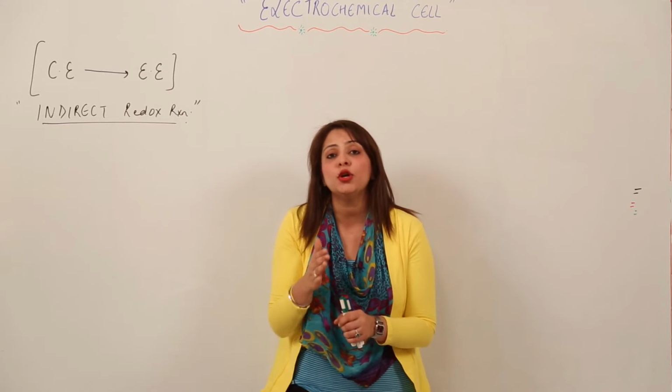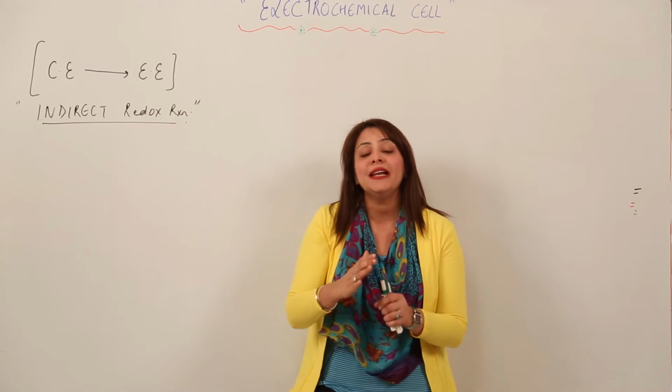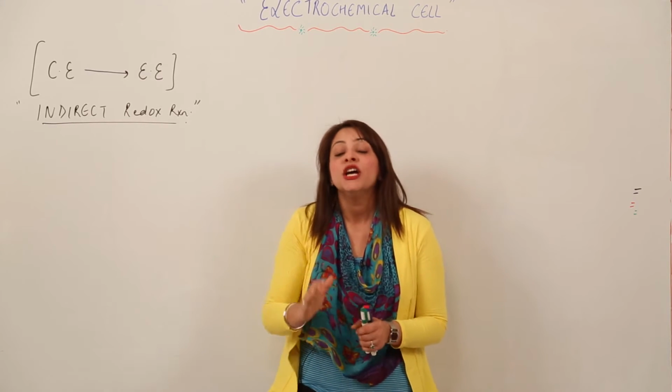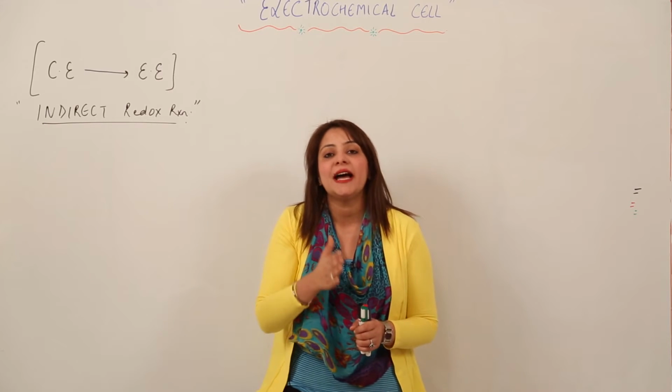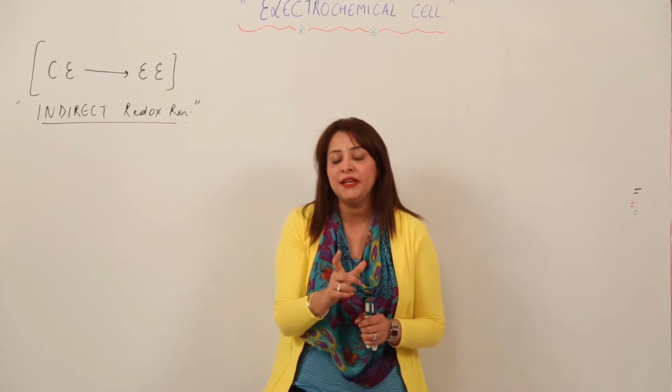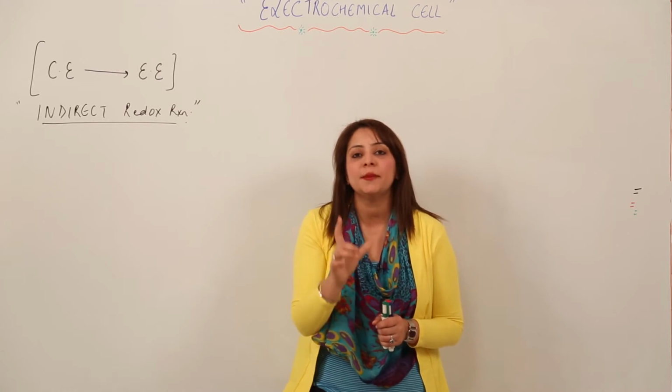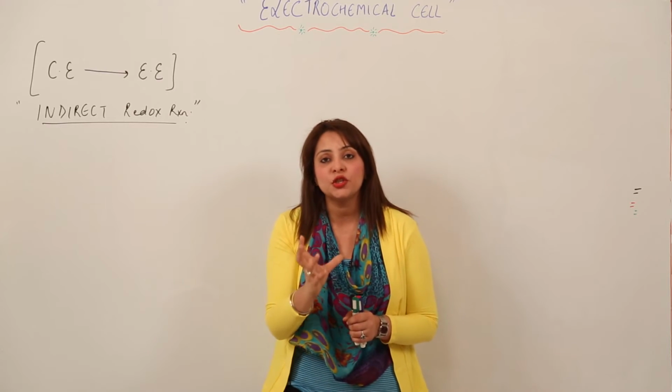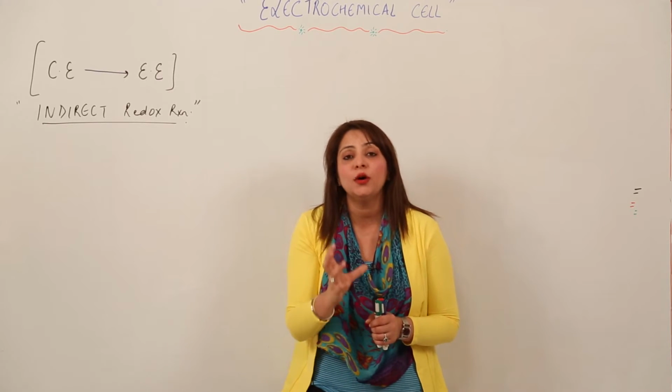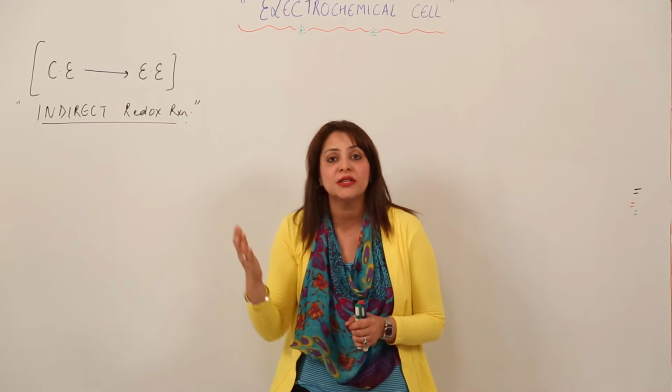So the electron was not allowed to travel a long distance. In that case it is called a direct redox reaction. Again I am repeating, a direct redox reaction is one in which the electrons are not allowed to move through a large distance.